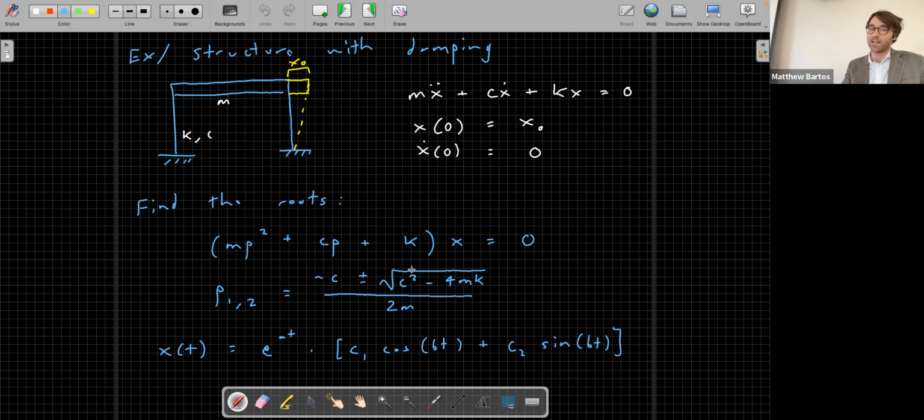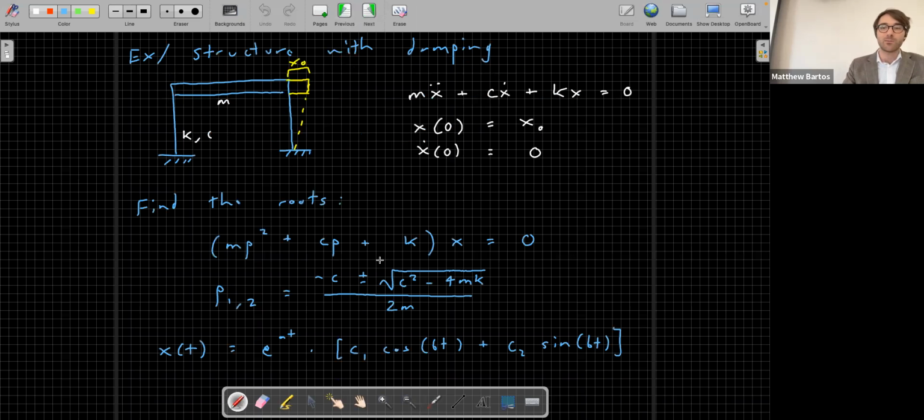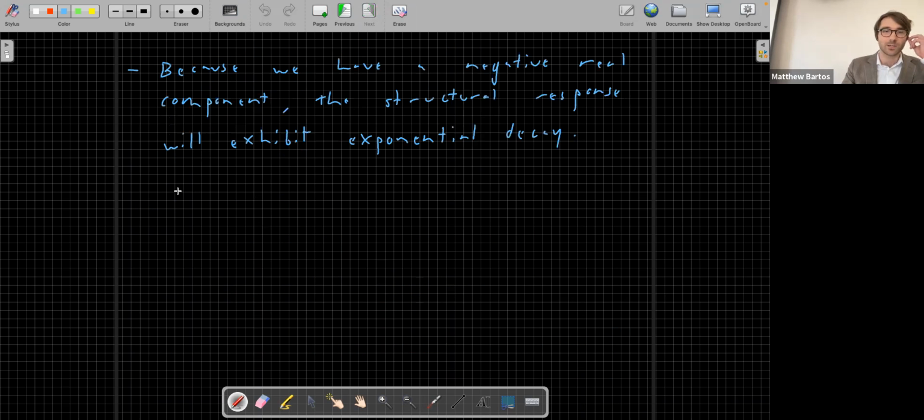Is it possible to not have an imaginary component here? Right. So there's a couple different cases. Let's look at the case of, so there's two components in this square root. Essentially, if the term in this square root is negative, you'll get an imaginary component. If it's positive, you will not. So let's just quickly look at those different cases.